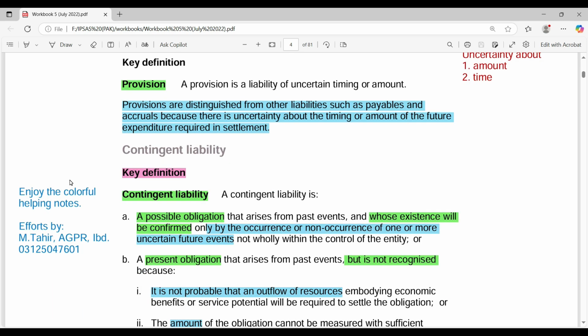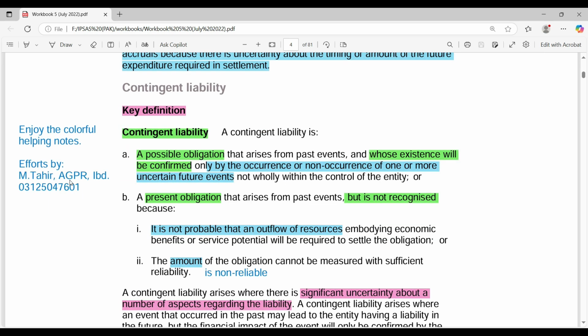Key definitions of contingent liabilities. A contingent liability is a possible obligation that arises from past events and whose existence will be confirmed only by the occurrence or non-occurrence of one or more uncertain future events not wholly within the control of the entity.